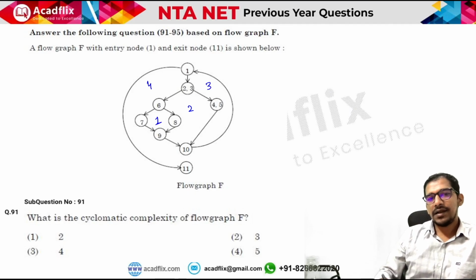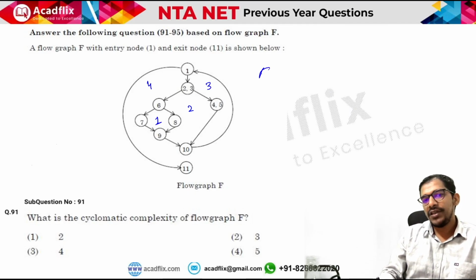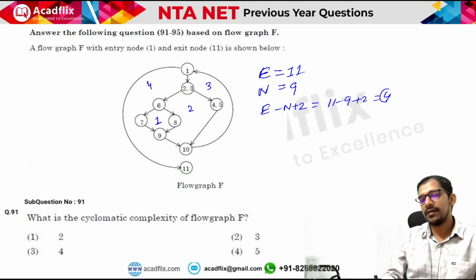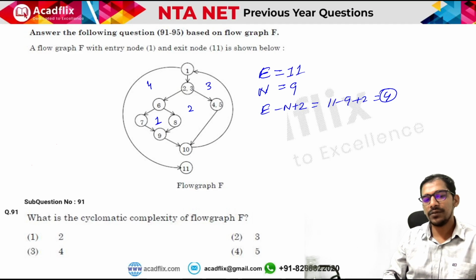If you count the edges, there are 11 edges, and the number of nodes is 9. So applying e minus n plus 2, 11 minus 9 plus 2, you get 4. So the cyclomatic complexity is 4.